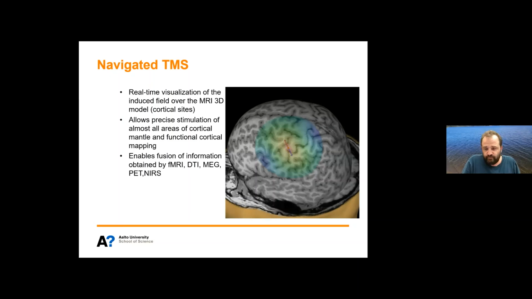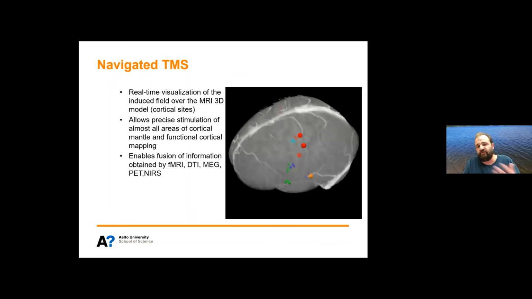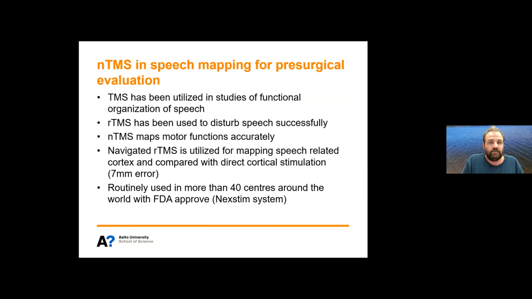And also a very big advantage of navigation is that it allows the fusion of different kinds of modalities, like information from diffusion tensor imaging, from MEG, from fMRI, from many other modalities like PET, NIRS, whatever the clinician or user wants to use.